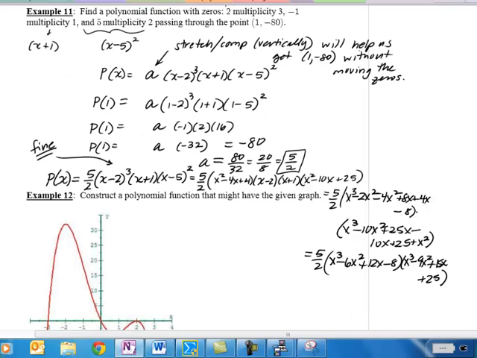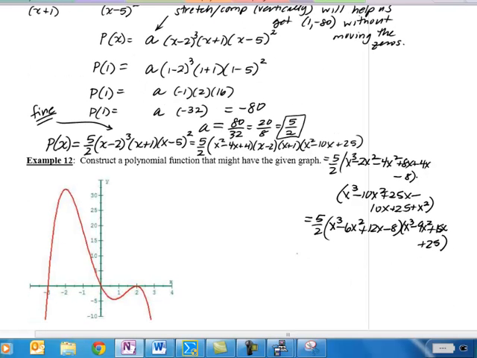And then we need to multiply those groups together. So I'm going to take everything multiplied by the x cubed first, so I'd have x to the 6th minus 9x to the 5th plus 15x to the 4th plus 25x cubed.